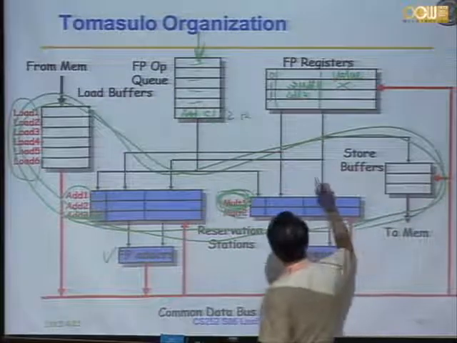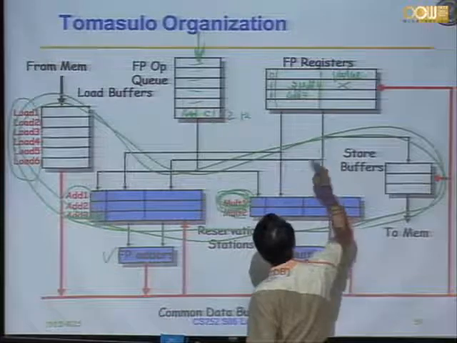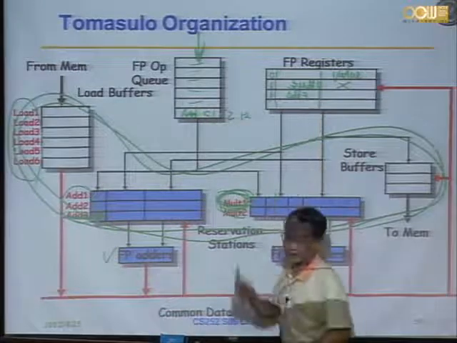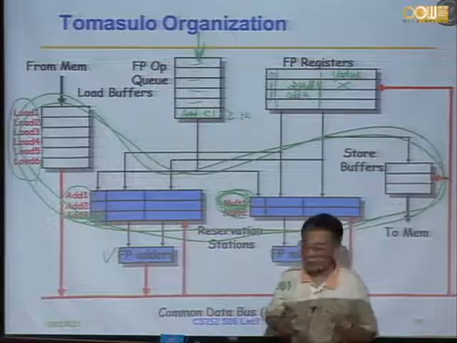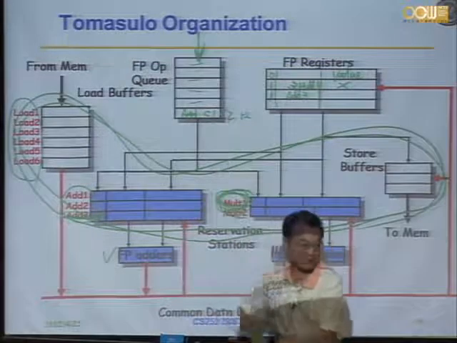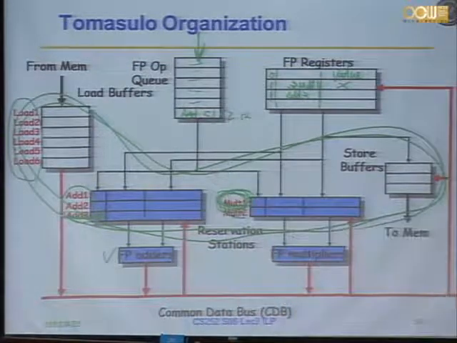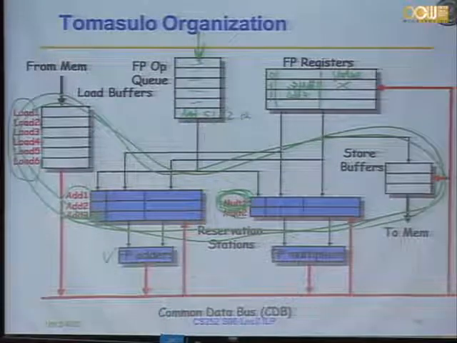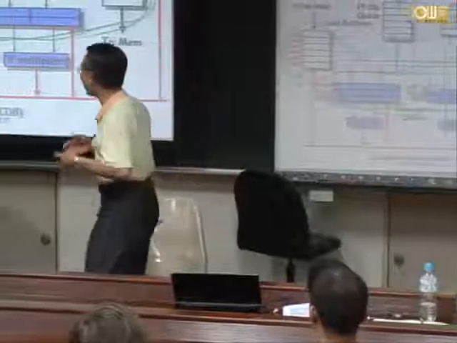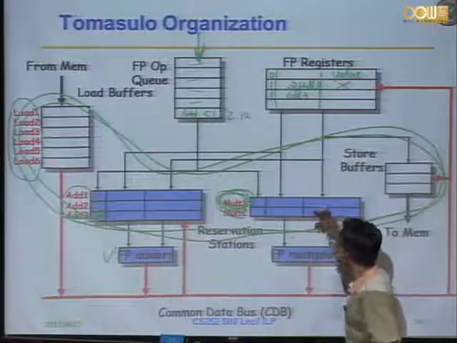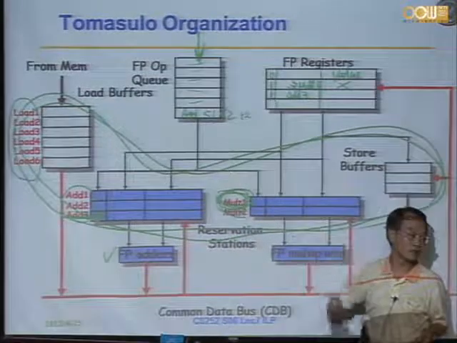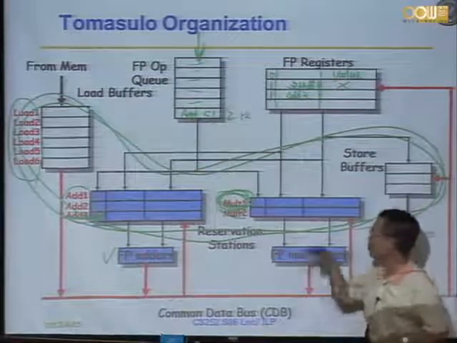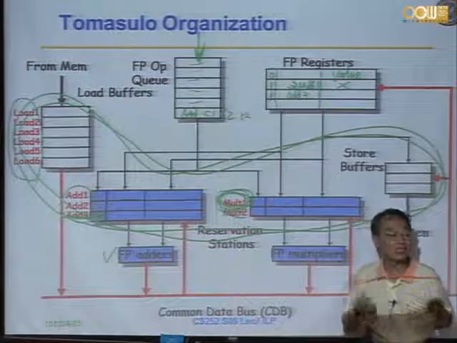R2 will only memorize the latest updater of it for future reference. If anyone should need R2, it already has the record. It remembers which reservation station's result it's waiting for.